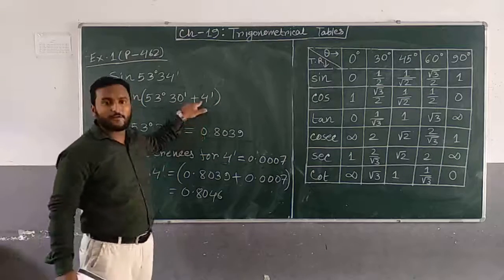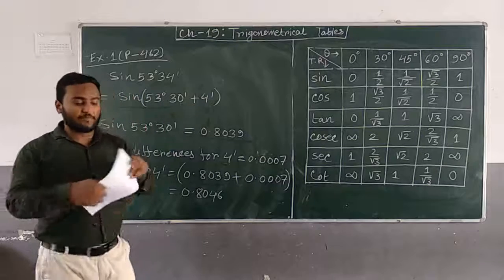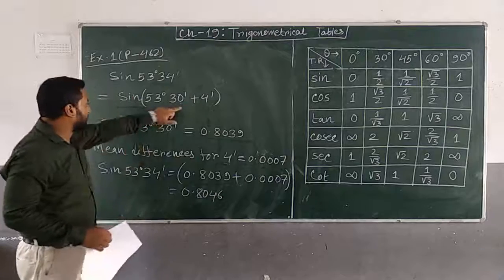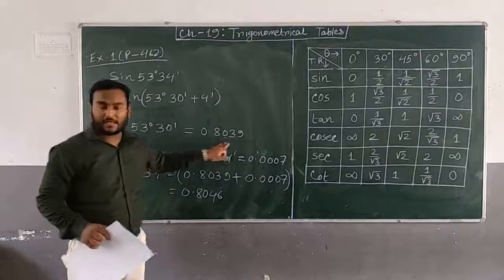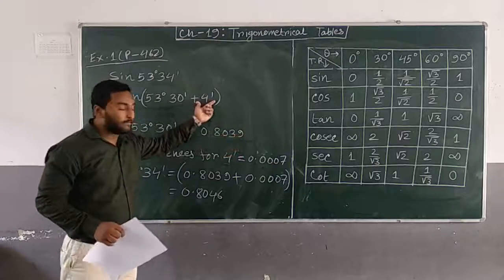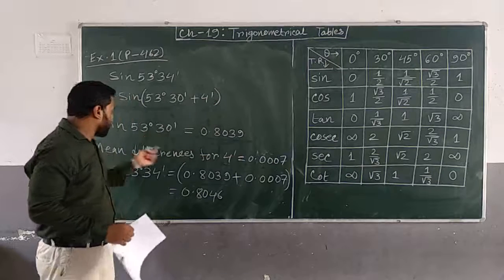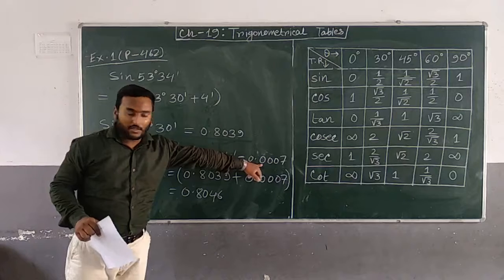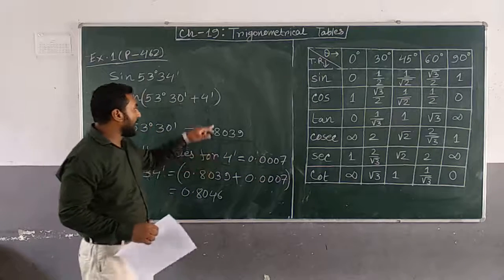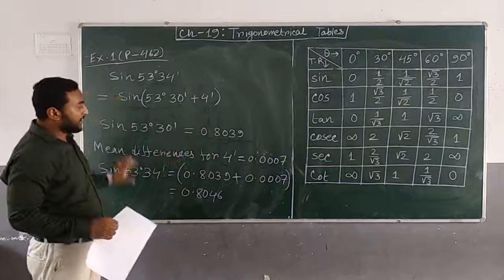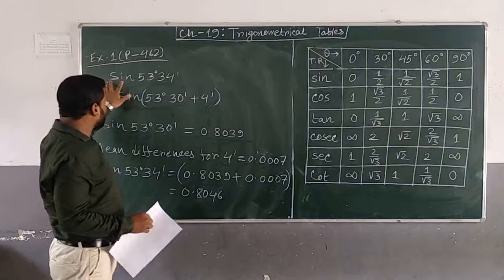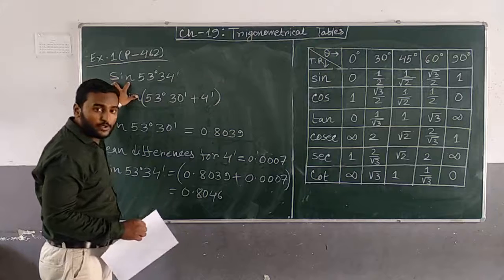So 1, 2, 3, 4, 5 are the mean differences columns that you have to use. After that, this part you will calculate from the table. So for the mean differences for 4 minutes, you have to see the value from the table. After that, you will finally add this. So this is the method for calculating the values of the trigonometric ratios for any angle from 0 to 90 degrees.